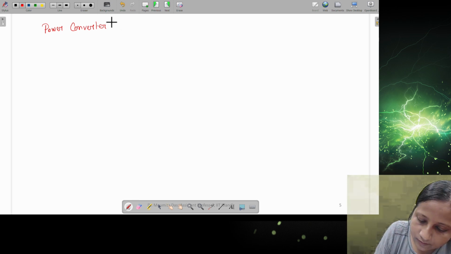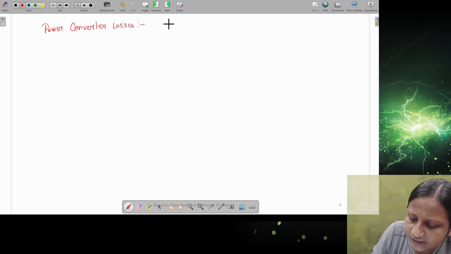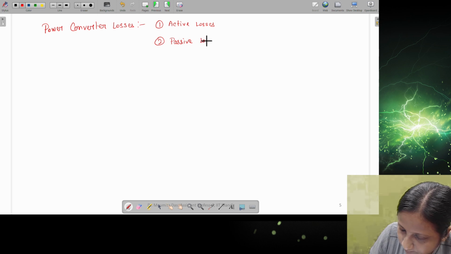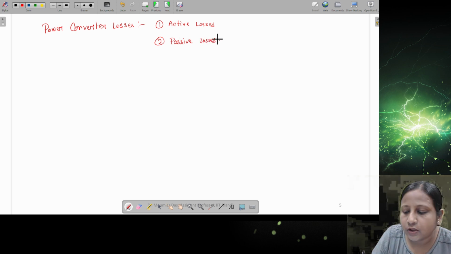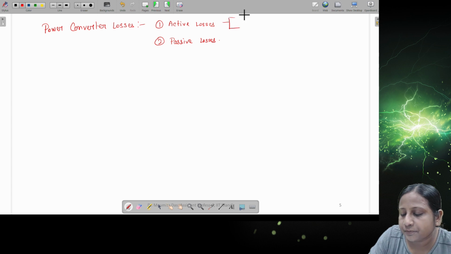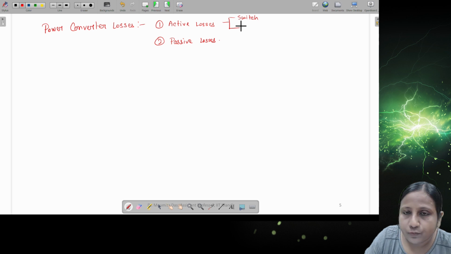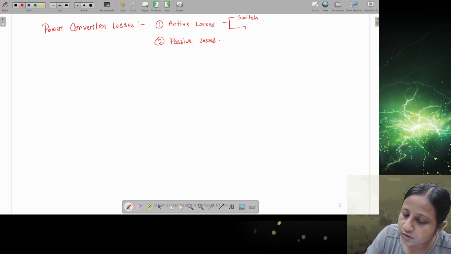Okay, so the power converter losses we can quantify. This I have already discussed. There are two different losses: active losses and passive losses. Active comes under the different switch and semiconductor devices; wide band gap semiconductor devices also come under this, and the diodes, right?